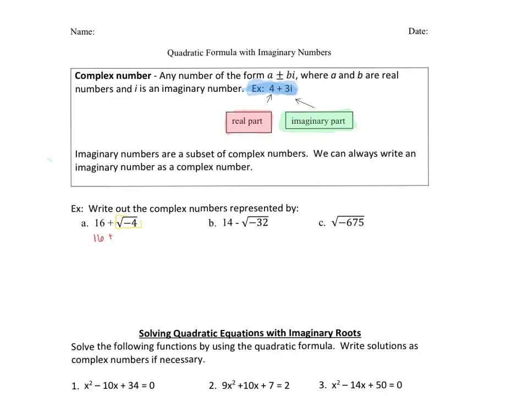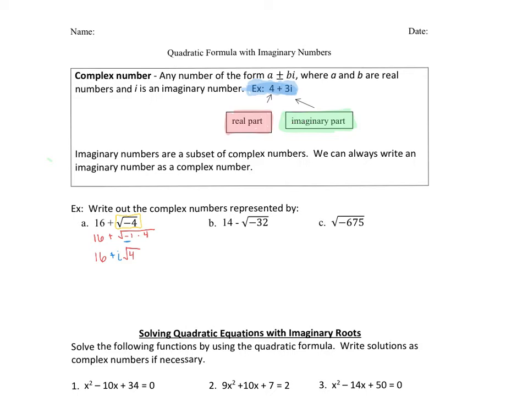Because now I have a square root of negative 4. And we learned how to solve these last lesson. So, remember, I could break this down into negative 1 times 4, okay? And the second I see this negative 1 under the square root, I know that I can pull an i out. So now I have plus i times the square root of 4, okay?